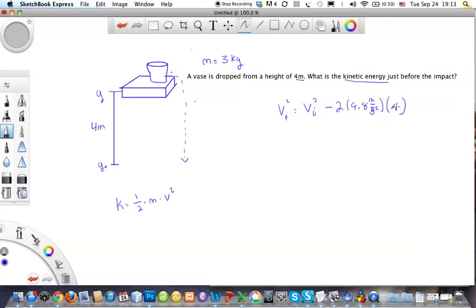Alright, so this initial velocity is going to be 0. This will end up zeroing out.